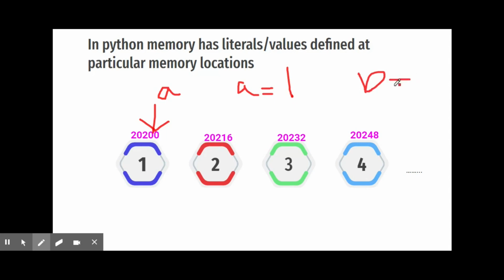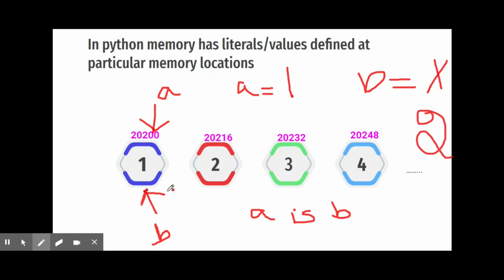When I'm assigning the variable B with 1, that means B is also pointing to this location. So now when I check A is B, this will return what? This will return true. Alright, what if I had said not B equal to 1, but B equal to 2? That means B will be pointing to this memory location, right? Where 2 is. Now when I check A is B, I will get false.